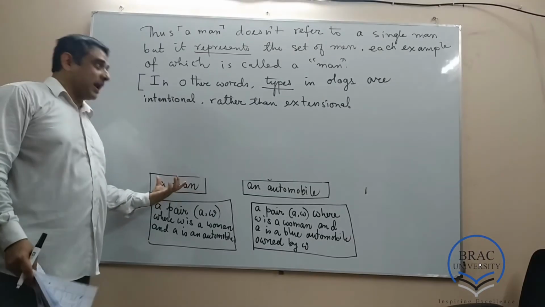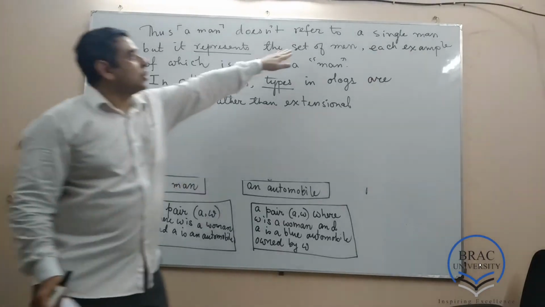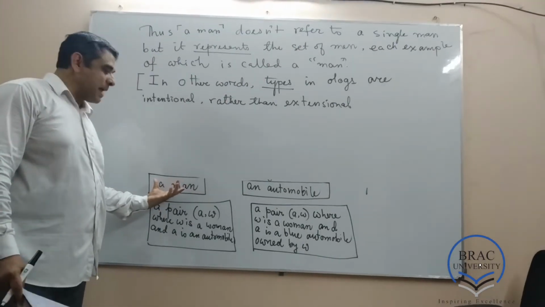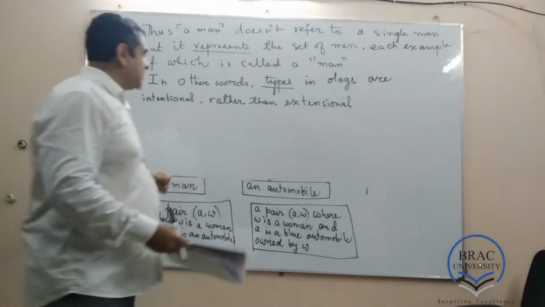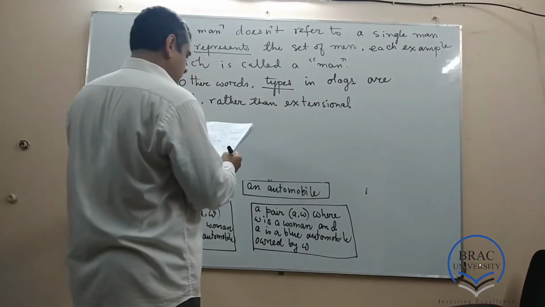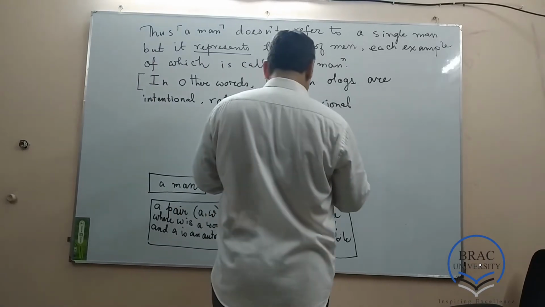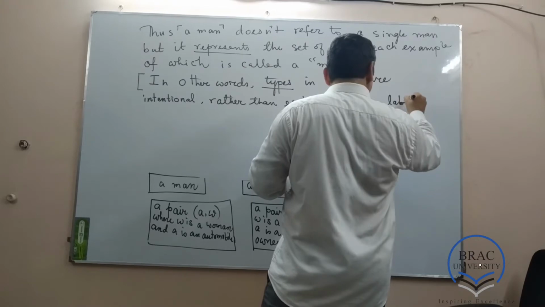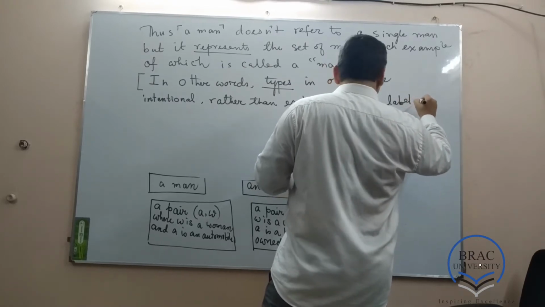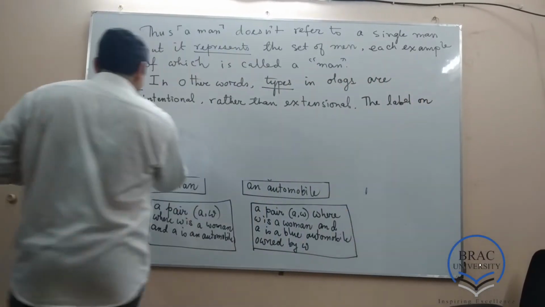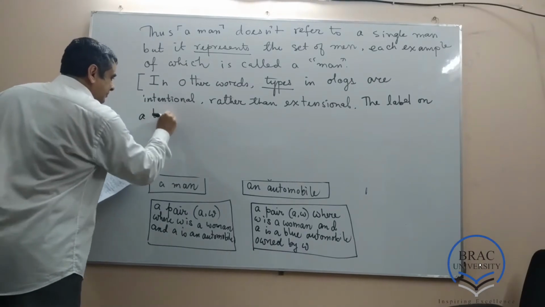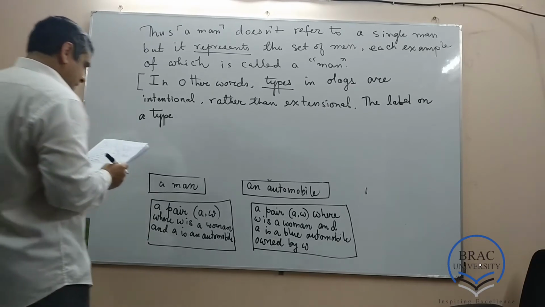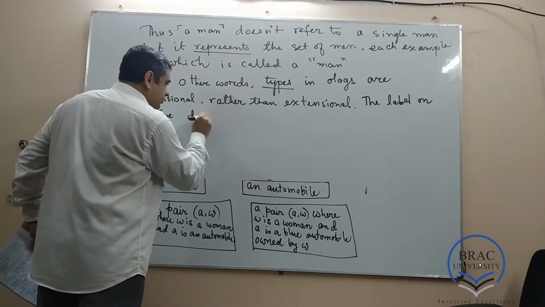So the set of men here is the extension of this type of a man. Okay? Rather than extensional, the label on a type describes its intention.